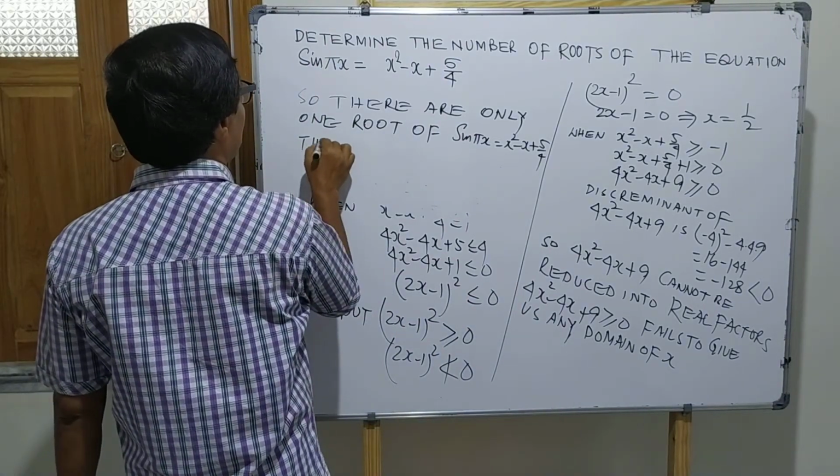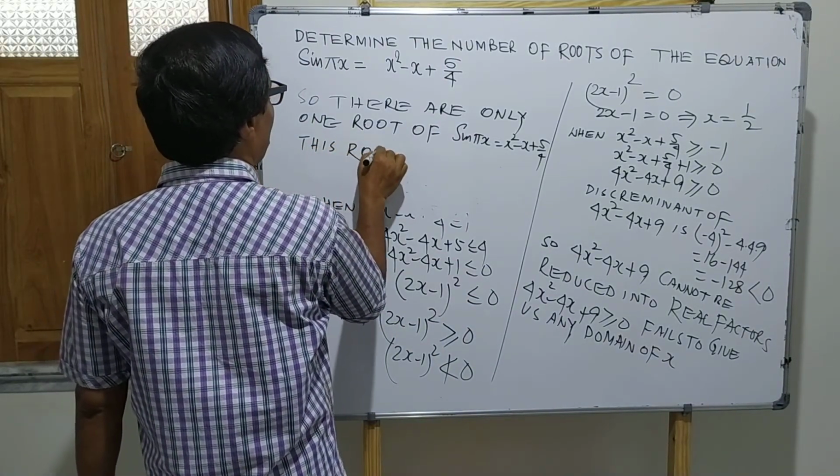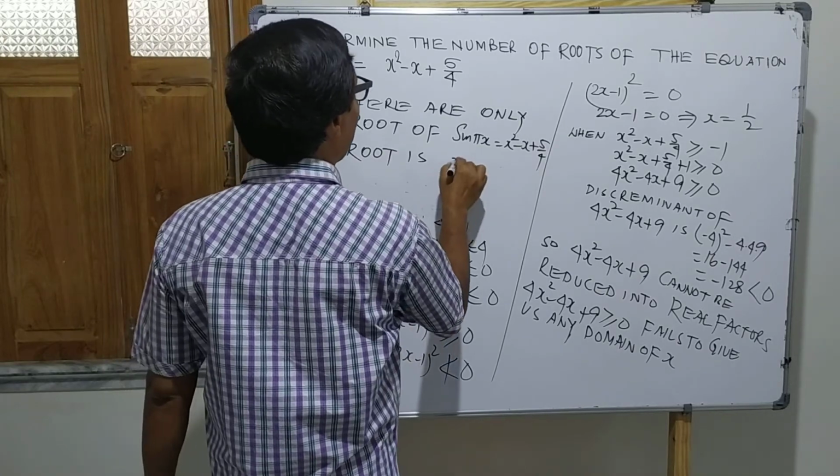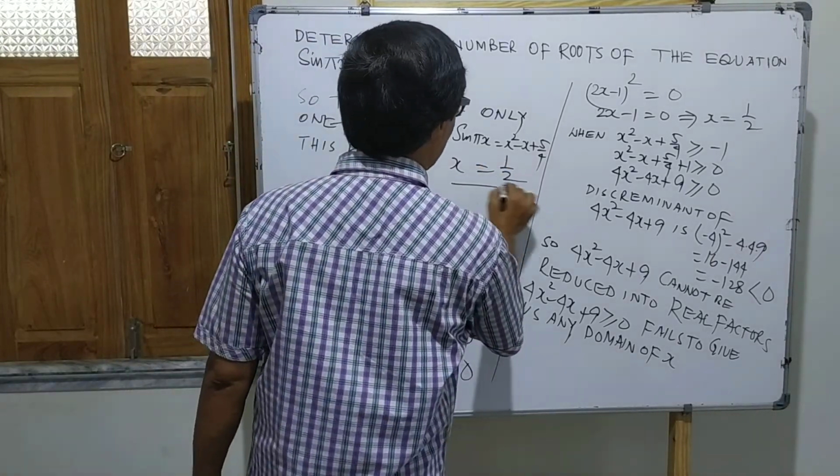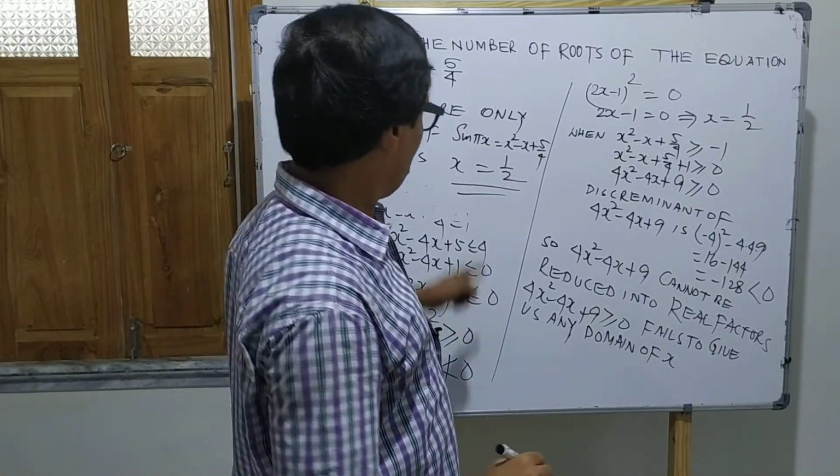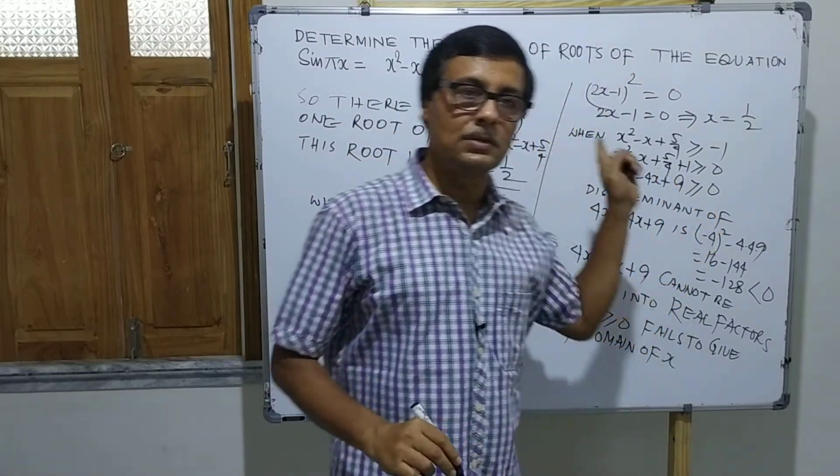This root is x equal to half. This is the only root of this equation.